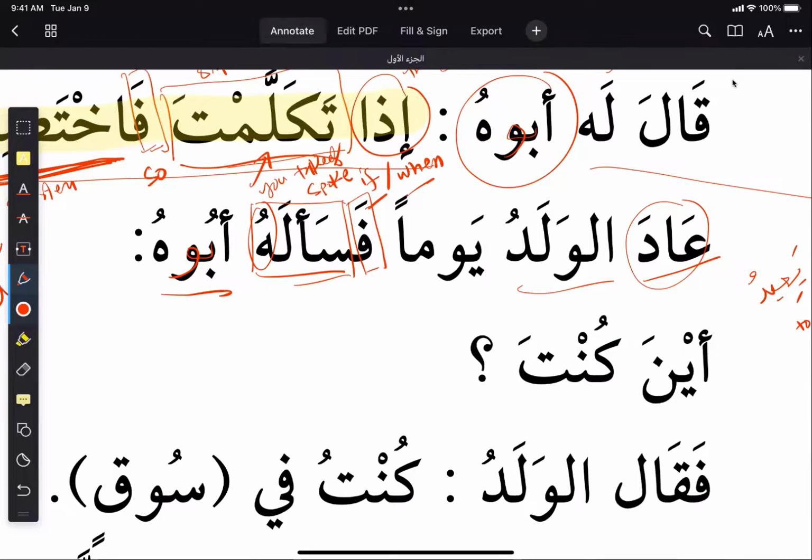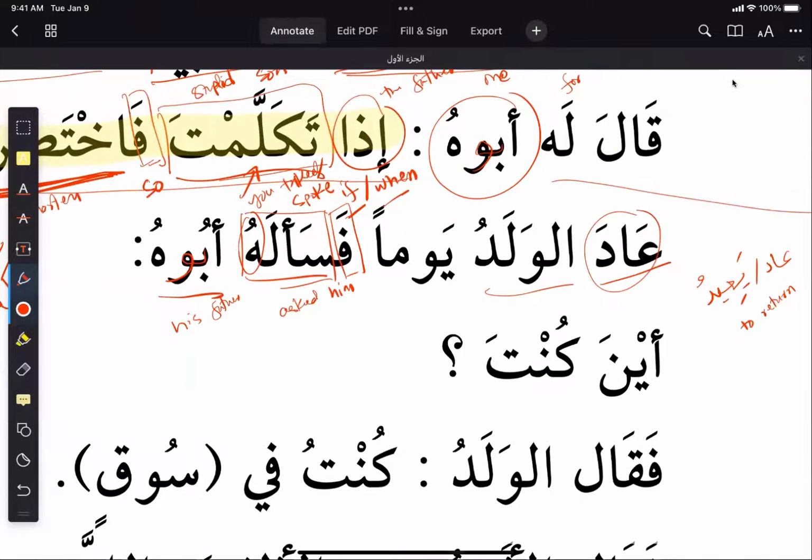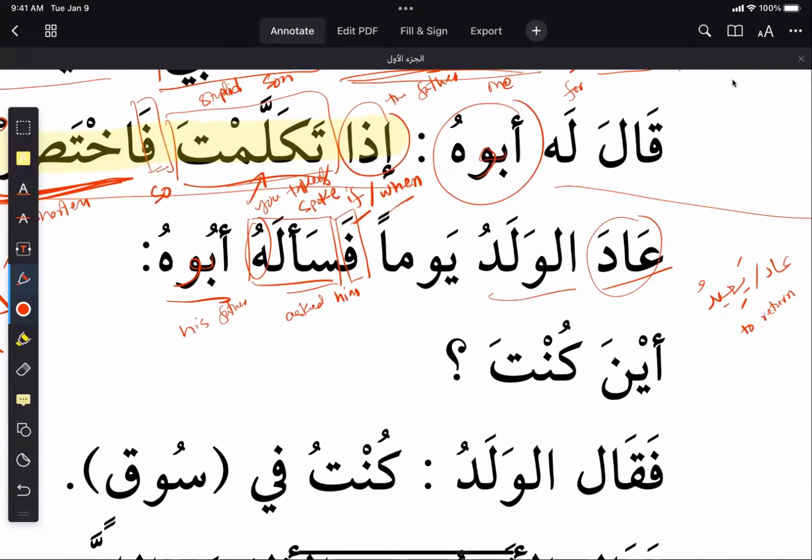We can say, the boy returned one day, then his father asked him. Is it clear? عاد الولد يوما فسأله أبوه. The boy returned one day, or then his father asked him.